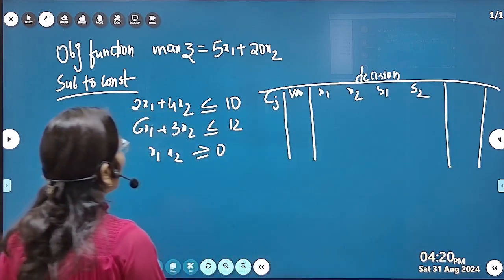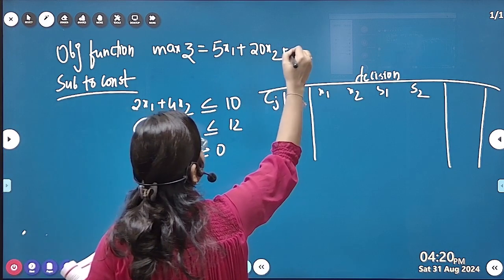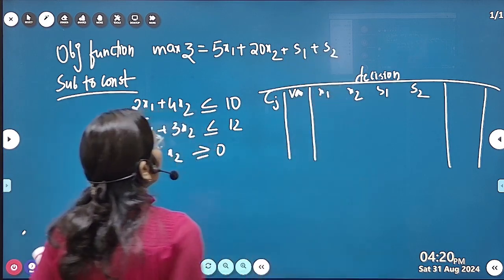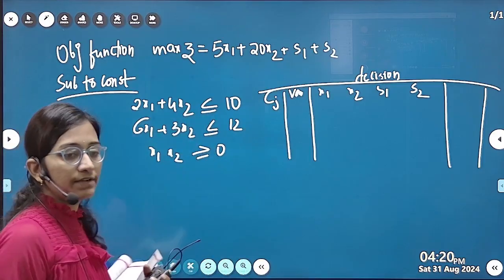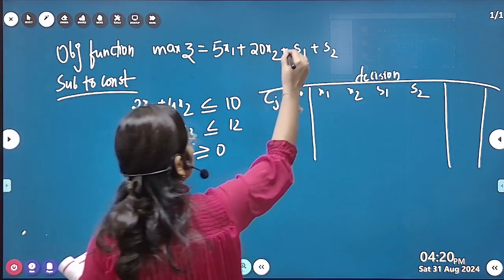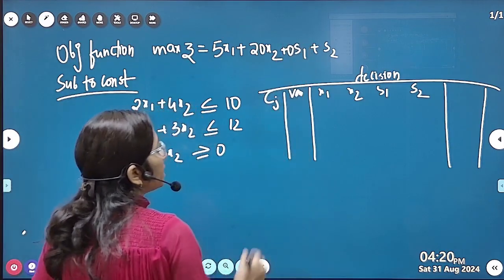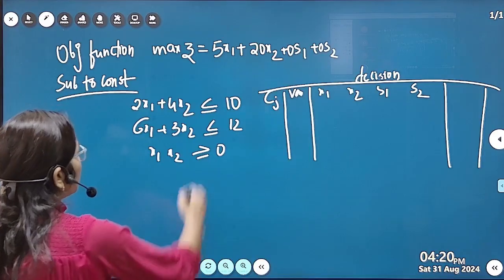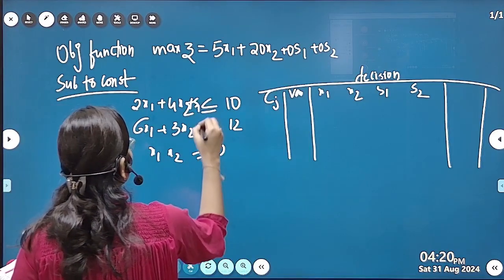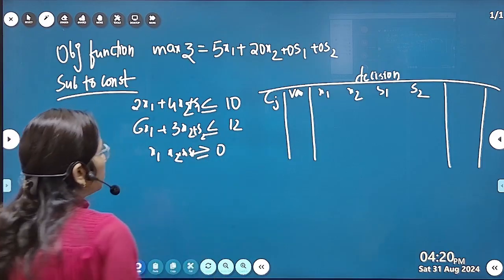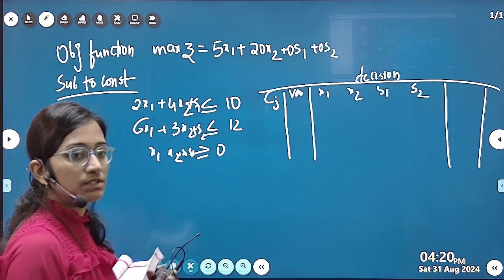So now by putting plus s1 plus s2, will it affect the profit or not? No. By putting 0 before the slack variable, will that affect? No. So put s1 and s2, where s1, s2 should be more than or equal to 0.